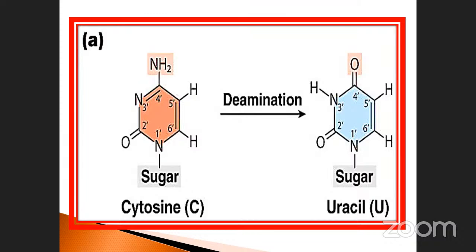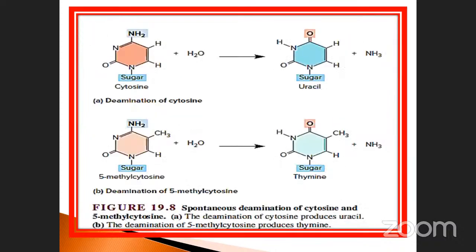As a result, cytosine is converted into uracil by the process called deamination. Next, the same thing, cytosine to uracil, and another one is 5-methyl cytosine to thymine. These all come under the heading of chemically induced mutations.